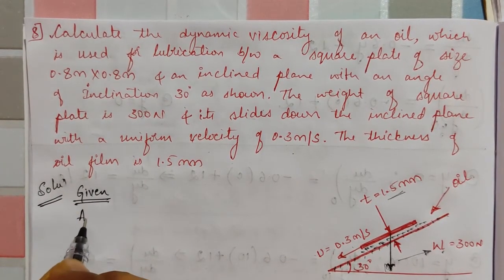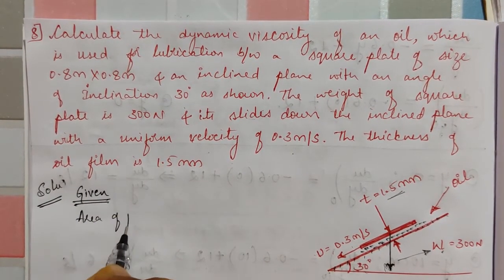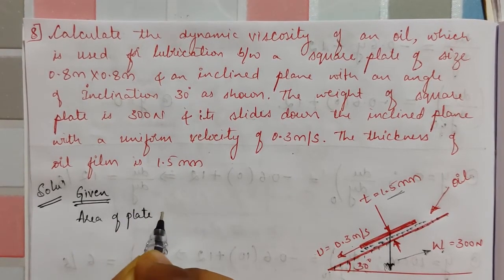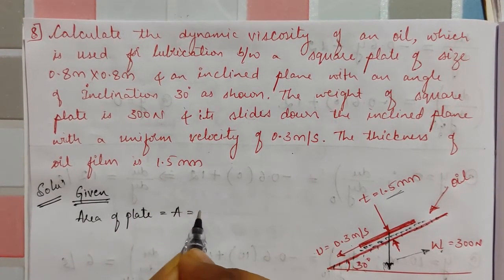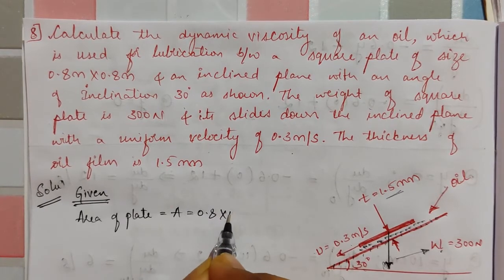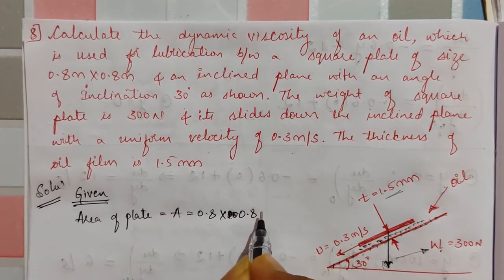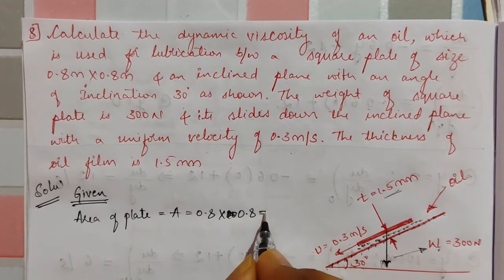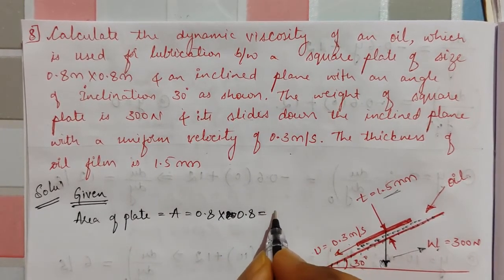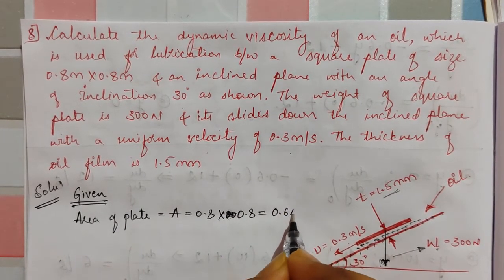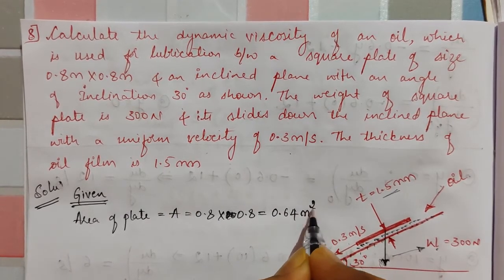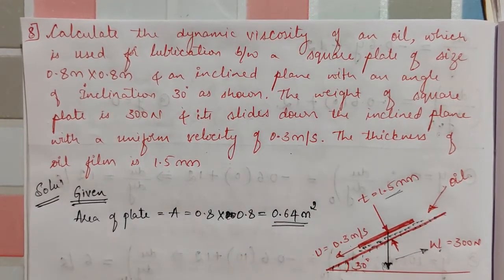Area of the plate, how much? 0.8 into 0.8. Okay, so I'll calculate it. That is 8 is a 64. So 0.64 meter square is the area.